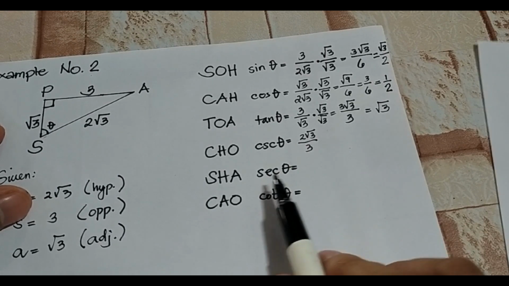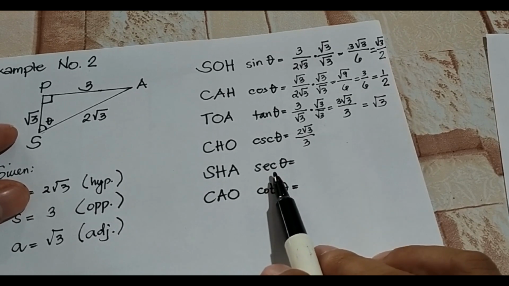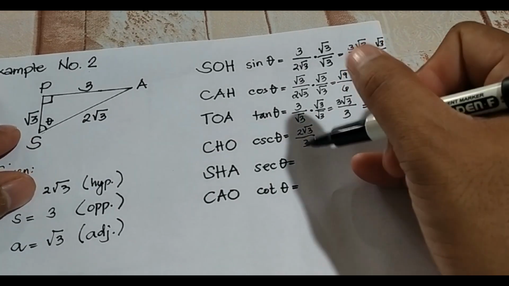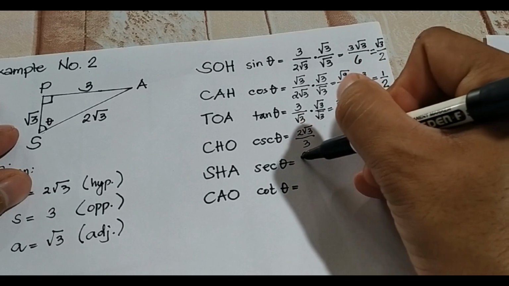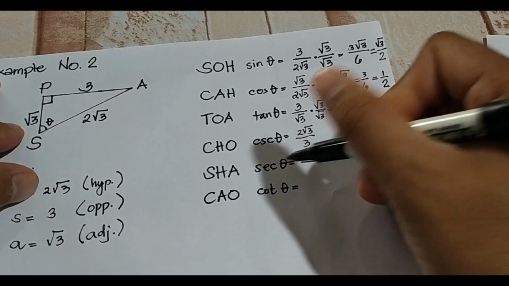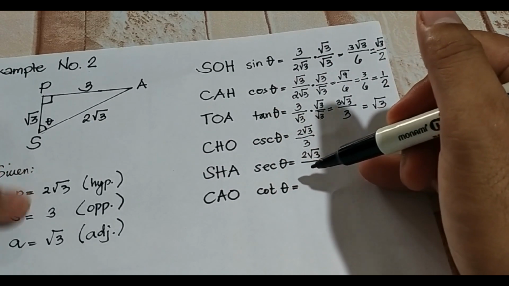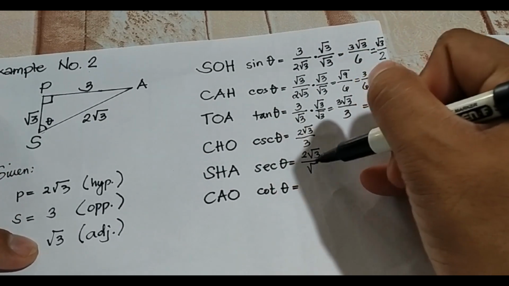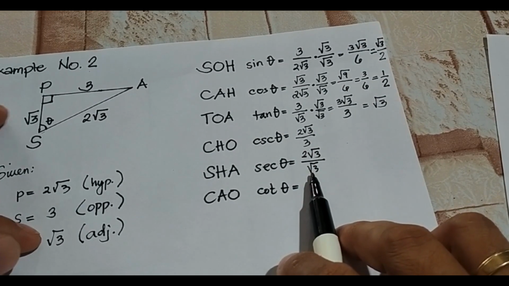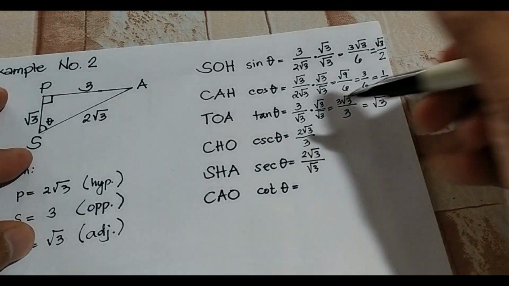Alright, next, let's proceed to secant theta. What is the value of secant theta? Hypotenuse, the value of our hypotenuse here is 2 square root of 3 all over the adjacent. What is the adjacent value? Square root of 3. Oh, as you can see, there is a radical sign in the denominator. So therefore, we have to rationalize this one.